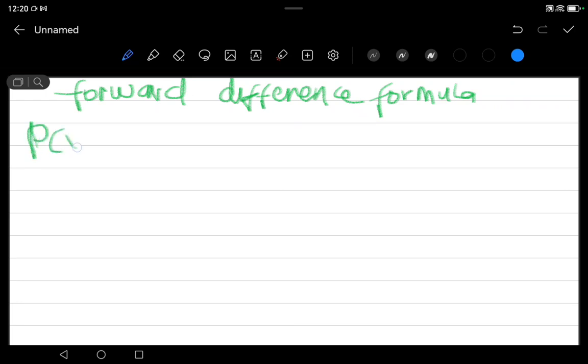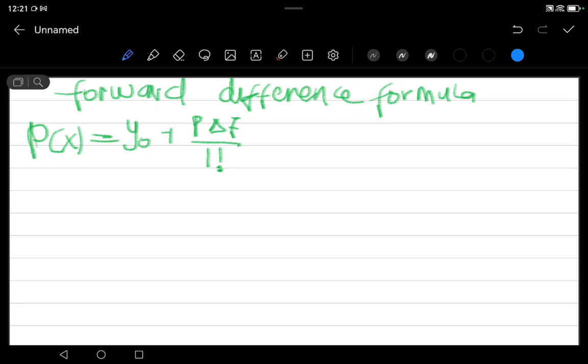We have P of X, where P is for polynomial, equals y0 plus P times change in f. This is for forward. Remember I said for forward, change in f, it faces up, over 1 factorial, okay.